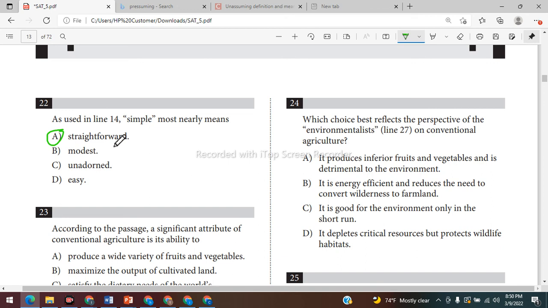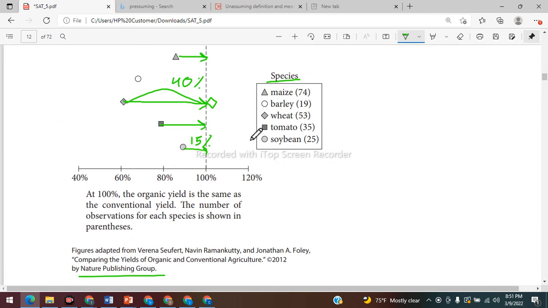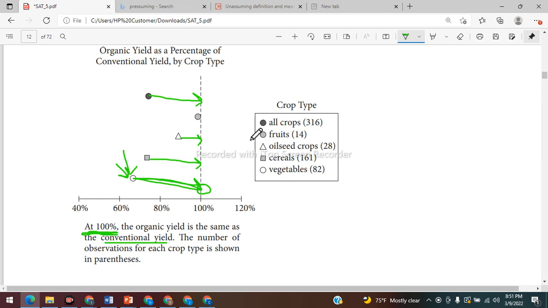But when he said simple in this case, it means straightforward. It means it ain't complicated, something that when you look at it is straightforward.